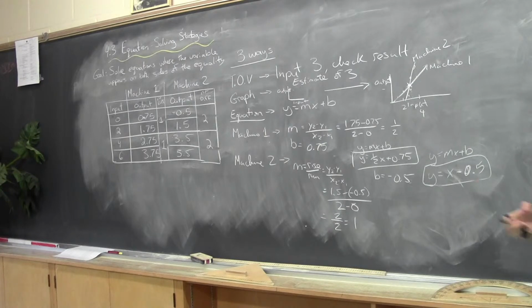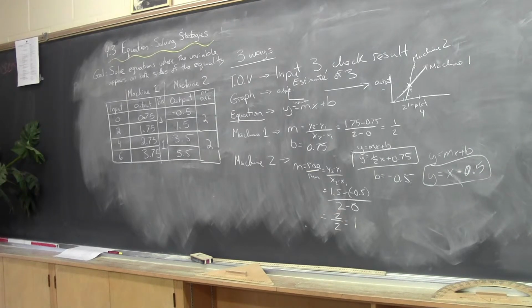Okay? So what does the input represent in these two equations? Right, the x value. Yeah, the x is the input. Good. It's the independent value. It's the x. So we want to find the x value when the y value is what? No, not 0.